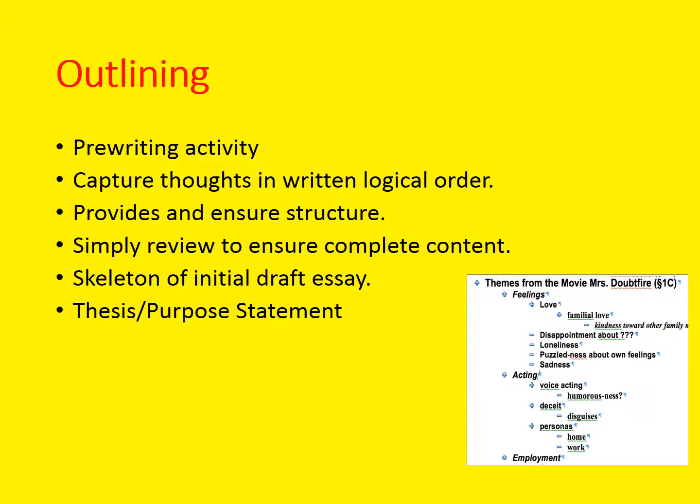Again, the thesis purpose statement should be the only thing that is in a complete, thoughtful sentence. The remainder of the outline should be in thoughts, paraphrases, words, again, something that you will be able to generate meaning from, but not in complete sentences. Again, the reason why we don't want to write these in complete sentences, we fall into a trap of connecting the dots.